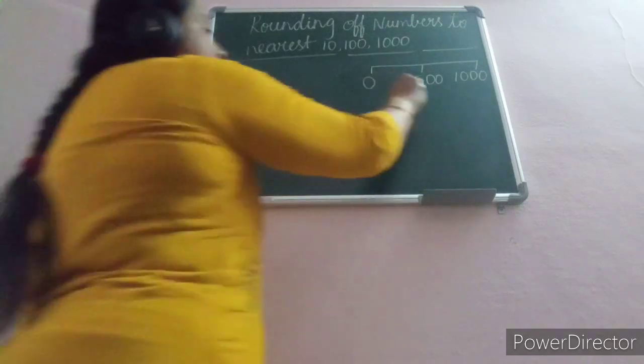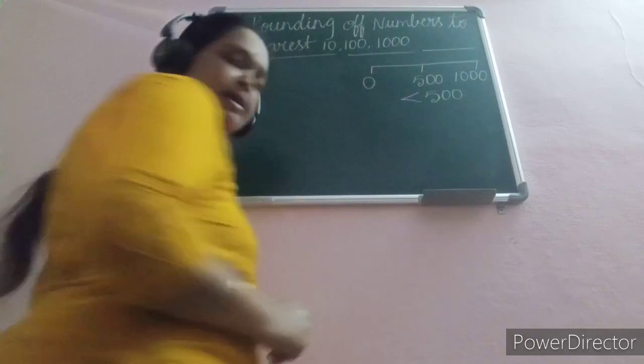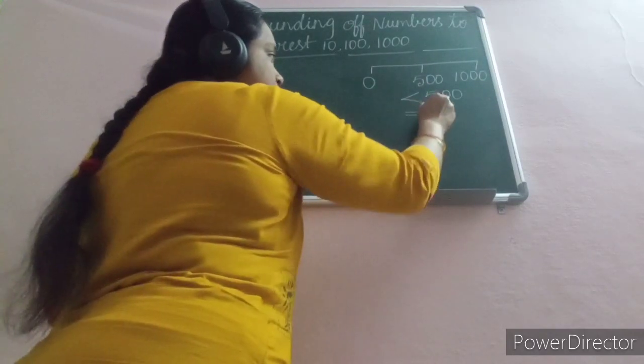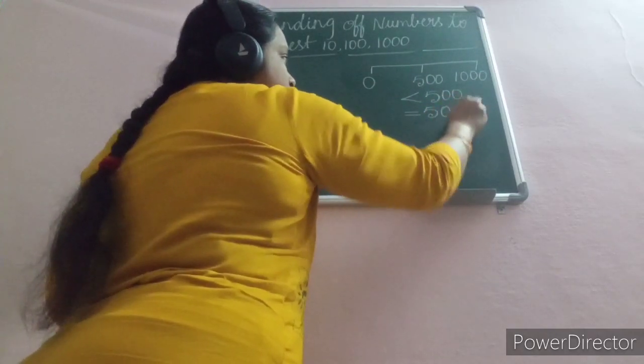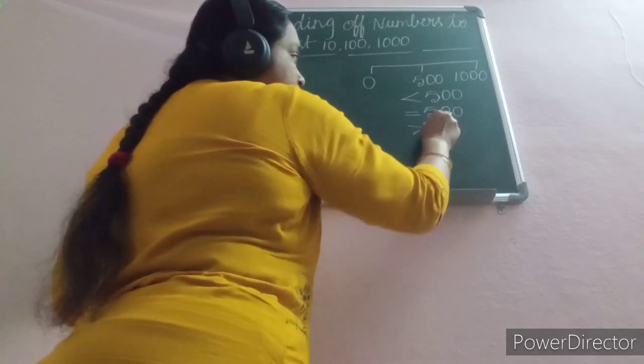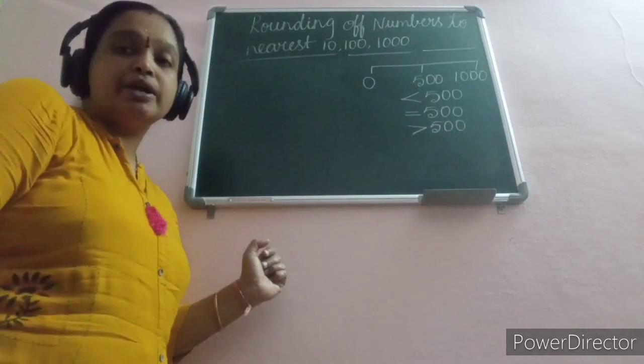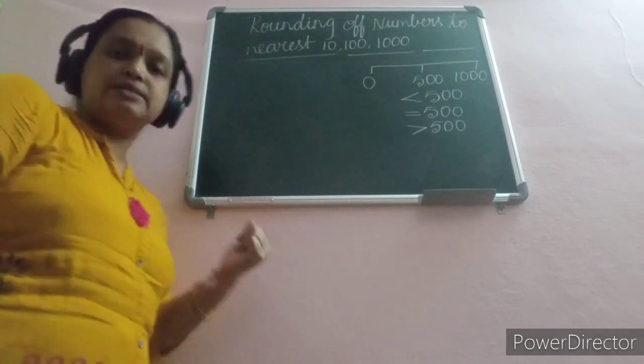Simple. Suppose if it is less than 500, number remains the same. If it is equal to 500, you should add 1 to the number in the thousands place. Even if it is more than 500 also, you should add 1 to the number in the thousands place.